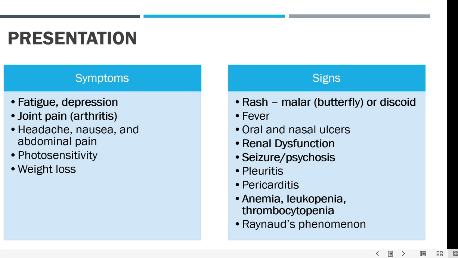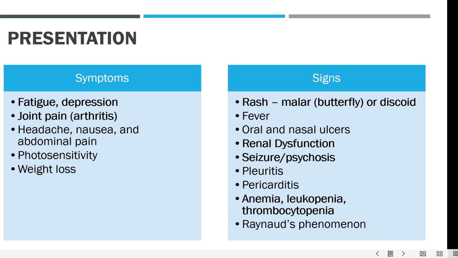Our signs include the rash, a malar butterfly or discoid rash, which our next slide will show you some pictures of, as well as fever, oral and nasal ulcers, renal dysfunction, seizure, psychosis, pleuritis, pericarditis, anemia, leukopenia, thrombocytopenia, as well as Raynaud's phenomenon.